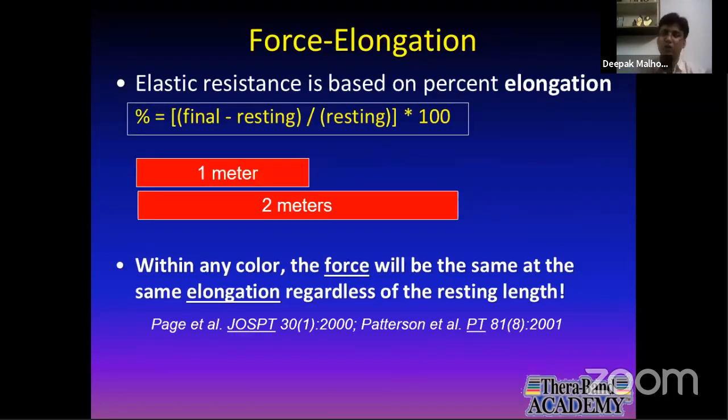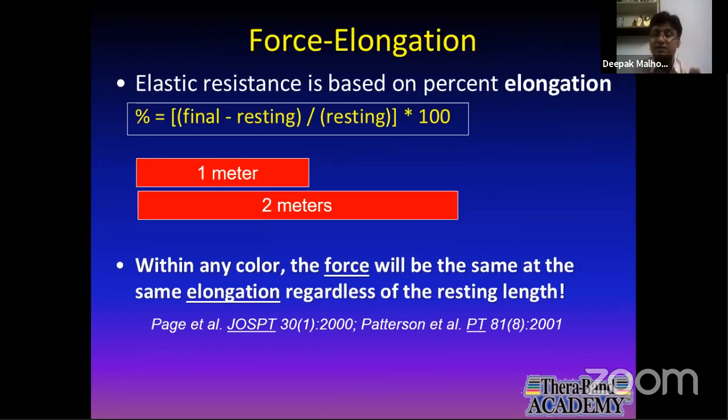So if you are stretching a 1 meter band to 2 meters or a 2 meter band to 4 meters, then in both cases the percentage elongation would be 100%, because 1 has become 2 or 2 has become 4. So there is 100% elongation. In both cases the force would be the same, because the resistance is based on percentage elongation, not the final length. So the percentage elongation is the most important part which you need to consider.